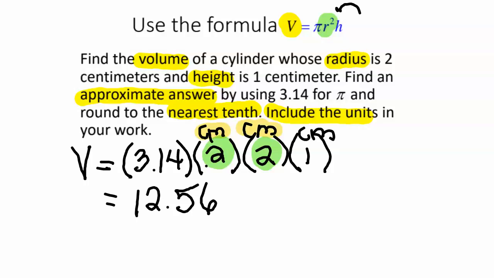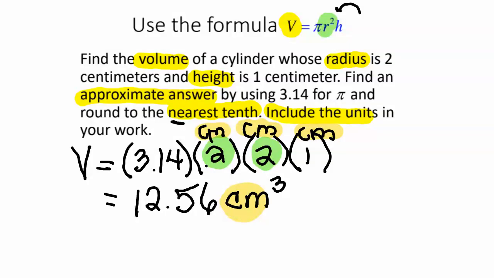How many do I have? I have 3 of them. Because the 2 is centimeters and the height is centimeters, and I got 2 2's, so that's centimeters times centimeters times centimeters.